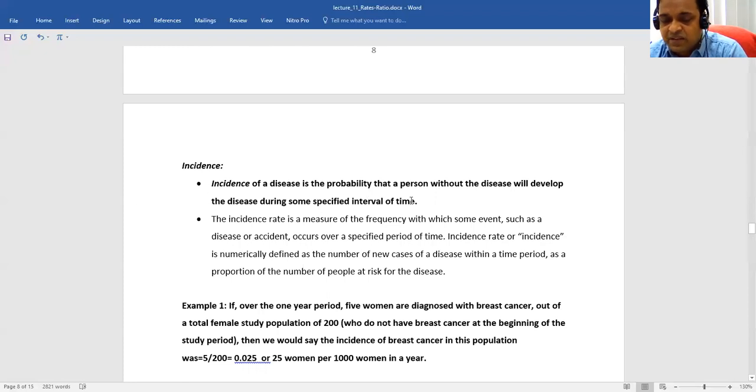This is nothing but the chance that somebody in the population will develop the disease over a period of time, maybe a year, a month, or a day.